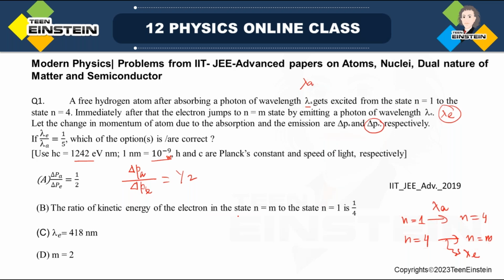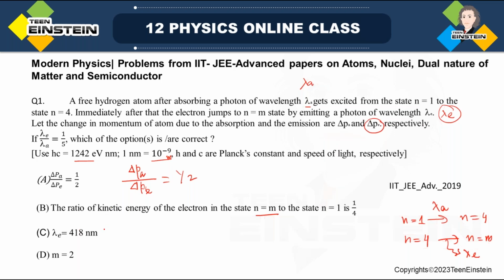Then the ratio of the kinetic energy of the electron in the state n equal to m to the state n equal to 1 is 1 over 4. So you have to find out the ratio of the kinetic energy of the electron in these states. Then the emitted photon has wavelength lambda equal to 418. Whether that is correct, we have to see.